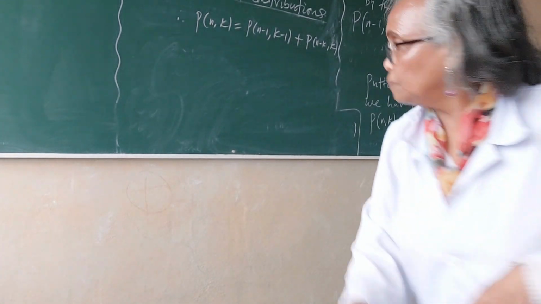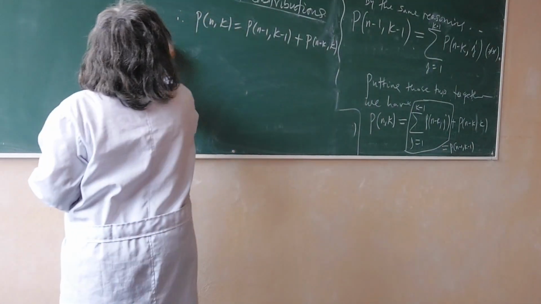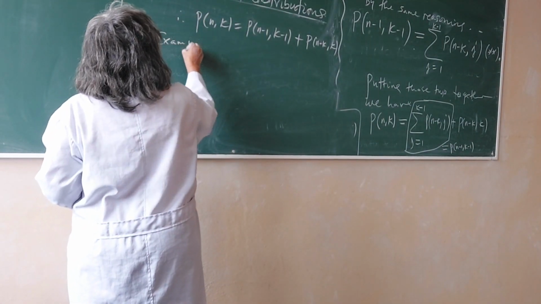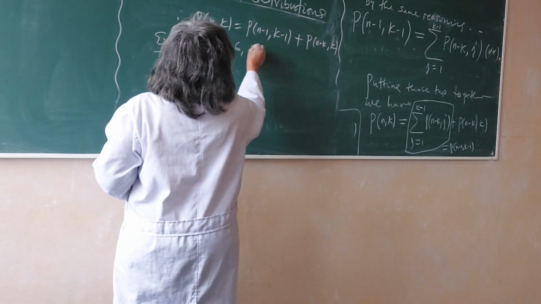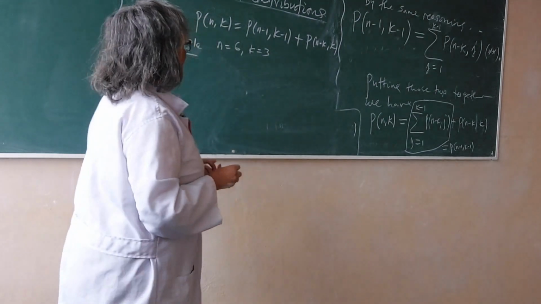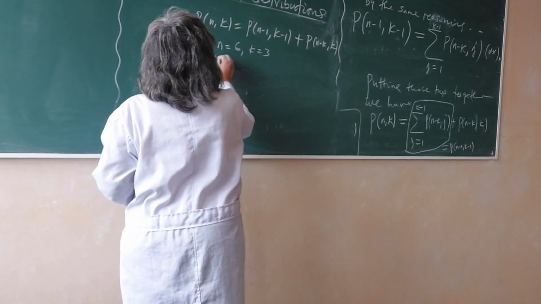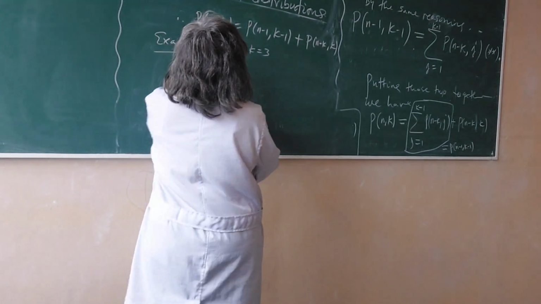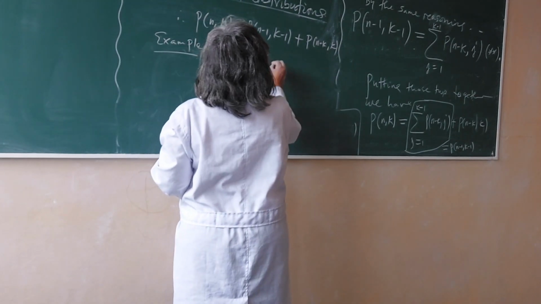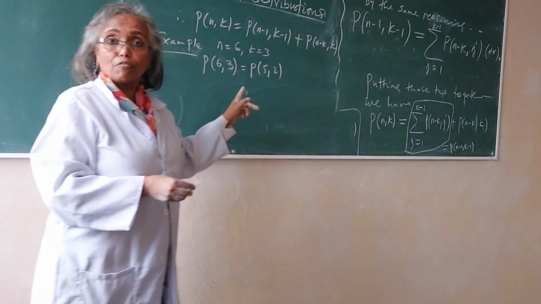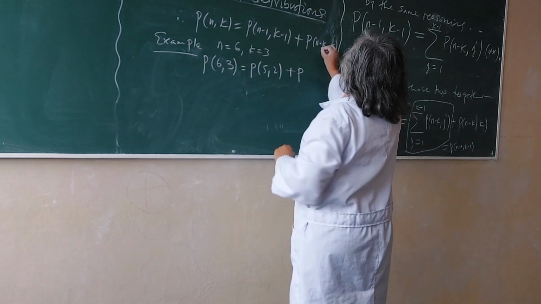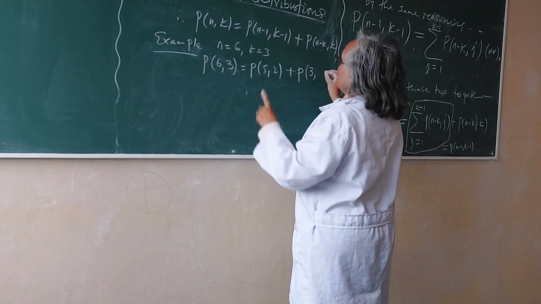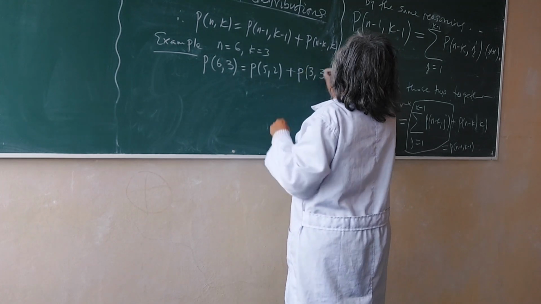So let's see an example of what we have already seen. Case 3. Now P(6, 3) is equal to P(5, 2) plus P(6 minus 3, 3), which is P(3, 3).